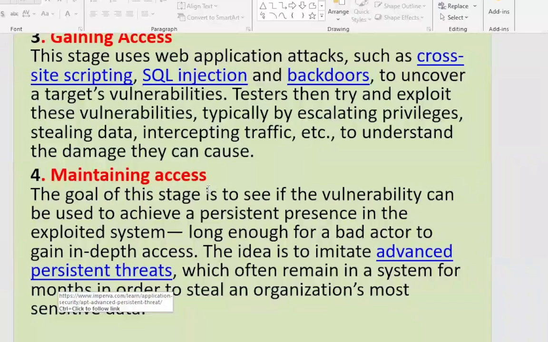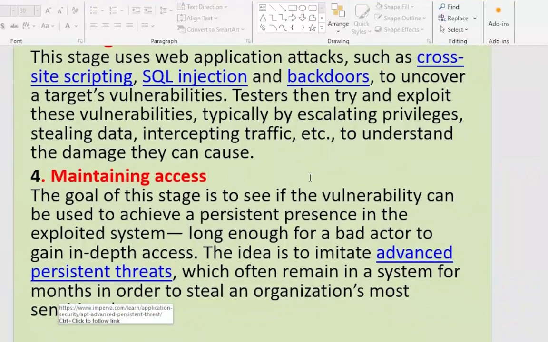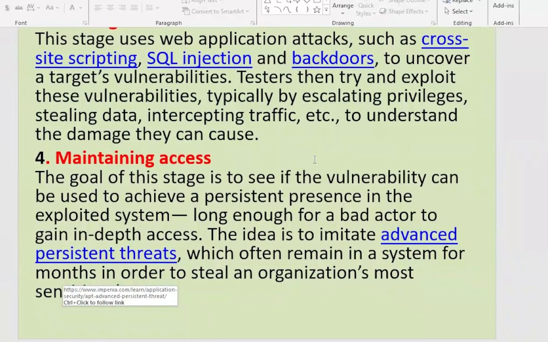Maybe for one year, maybe for six months, or maybe for a limited time. How long can I maintain that attacking interval? That is maintaining access. If the company is highly intelligent and can remove the hacker again, that means they are taking proper ethical hacking measures. If the maintaining access time is more and more, that means you don't have proper ethical hackers working.